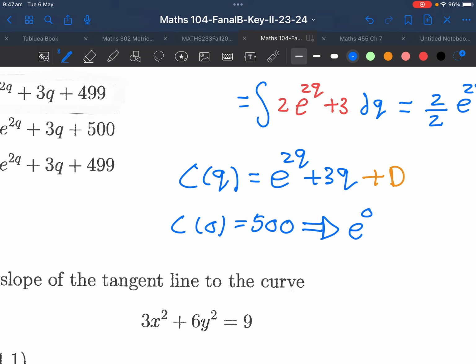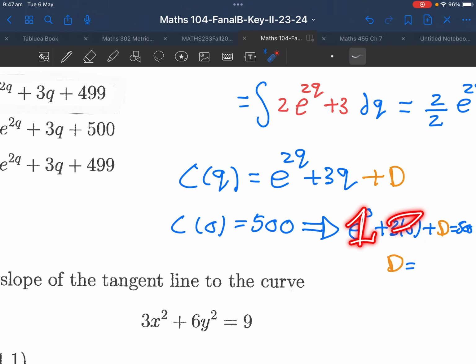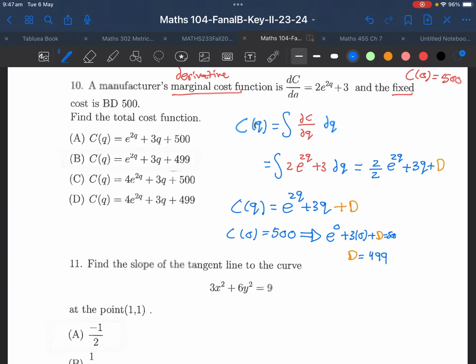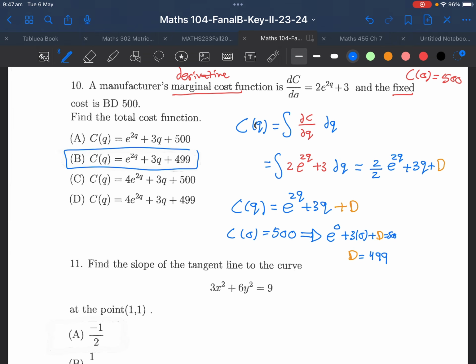We will get e to the 0 plus 3 times 0 plus this d equal to 500. Now d alone will be just, this will be just 1 and this will go away. So d will be just 499. Now which answer is similar to my answer? It is just part B.